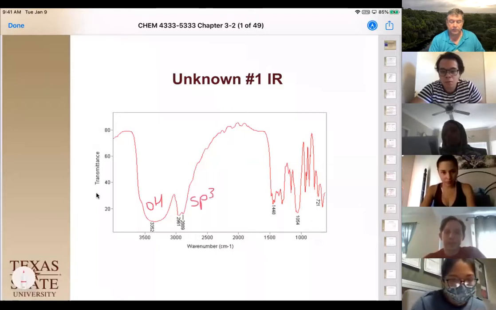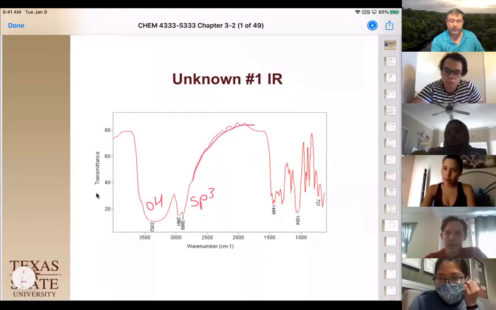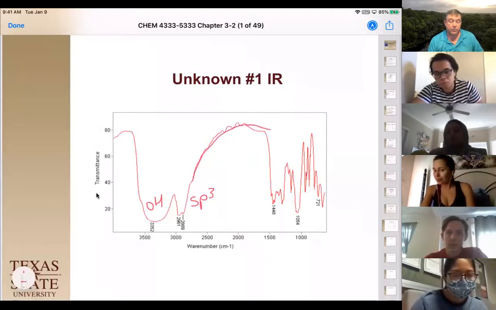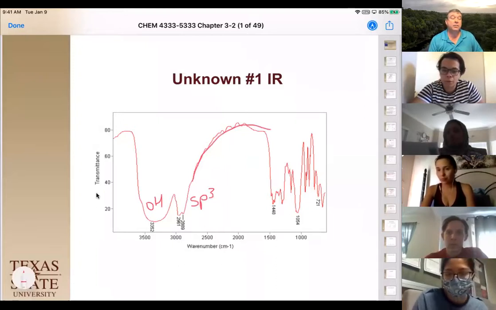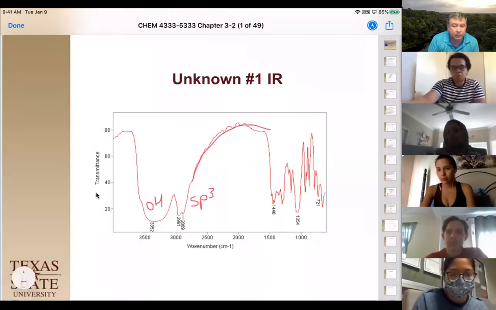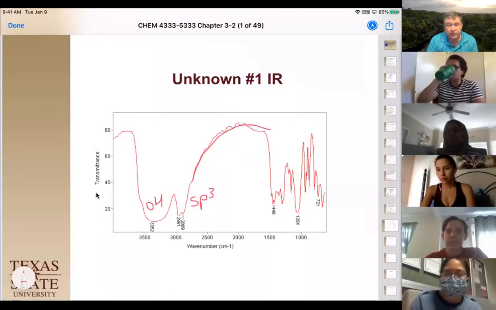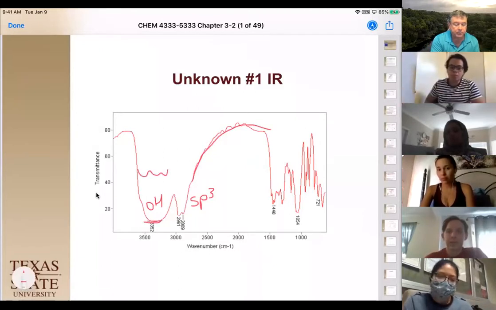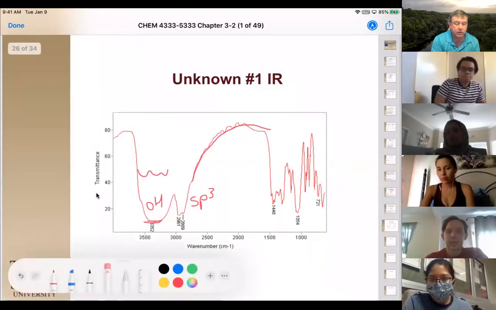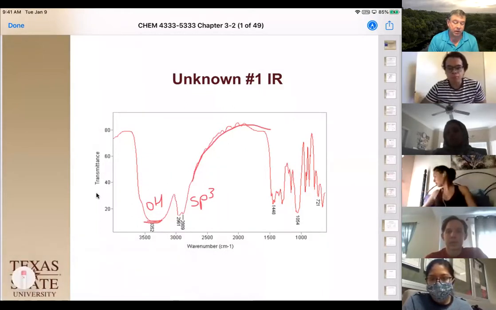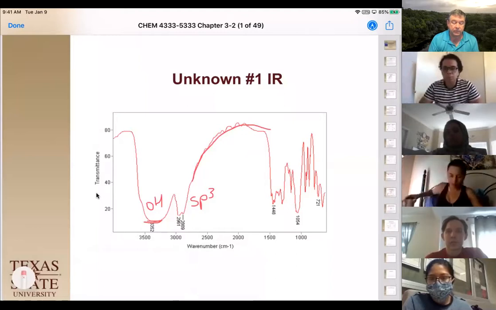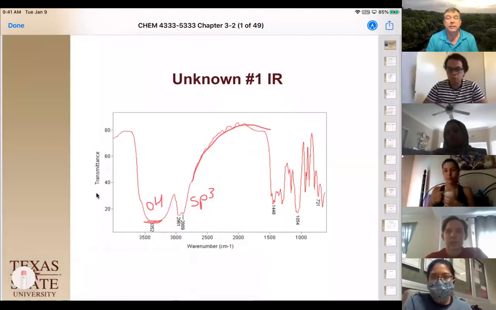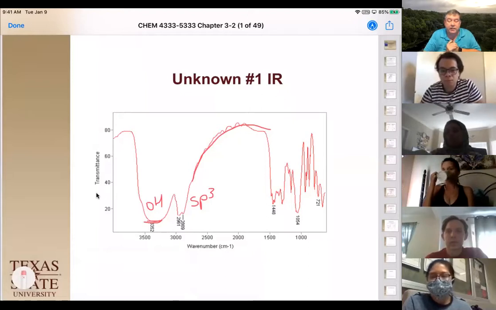So we have no carbon-carbon triple bonds, no carbon-carbon double bonds, no carbon-oxygen double bonds. Probably don't have any nitrogens. This is a little broad for nitrogens. Remember, nitrogens would not be as strong. So we have carbons, an oxygen, OH, and hydrogens. That's about what we can see here.